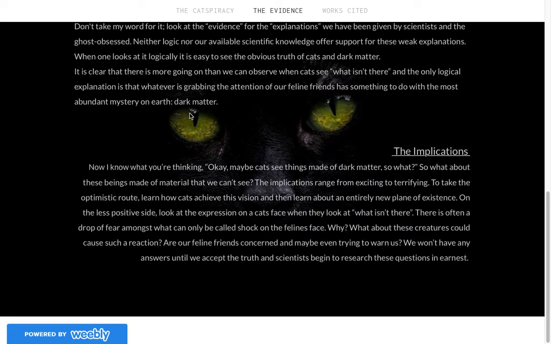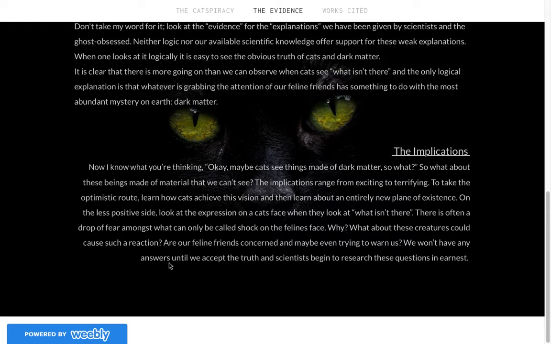All right, the implications. This section, once again, really begs the question. It starts out with the assumption that we are on board with cats seeing things made of dark matter, and it just keeps rolling from there and keeps going back to that assumption to make its point. It's also kind of a slippery slope. Just listen to this question: are our feline friends concerned and maybe even trying to warn us?